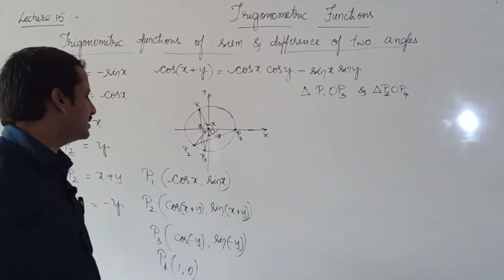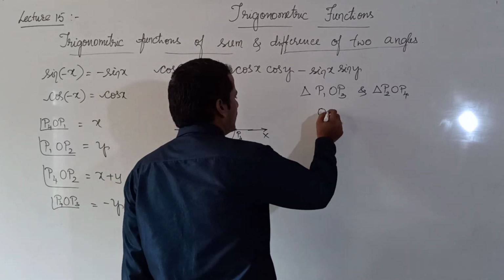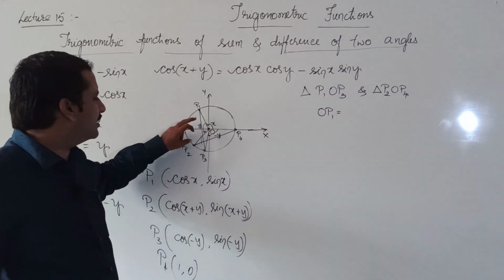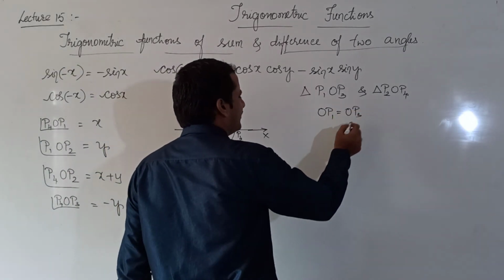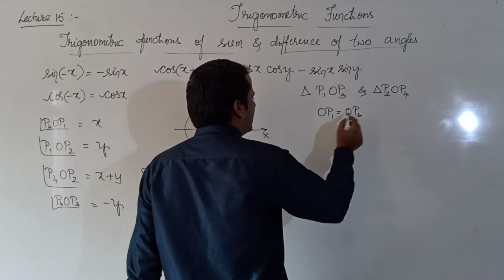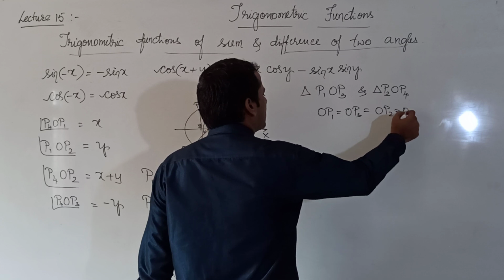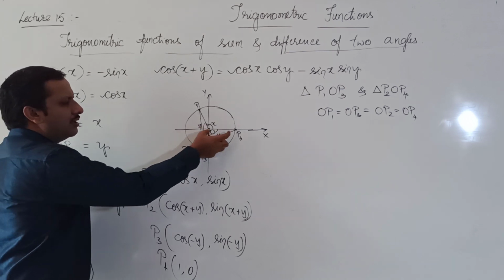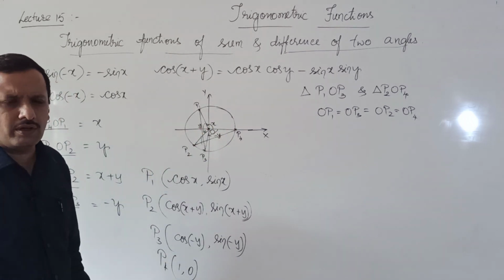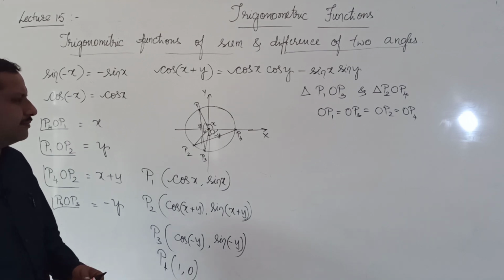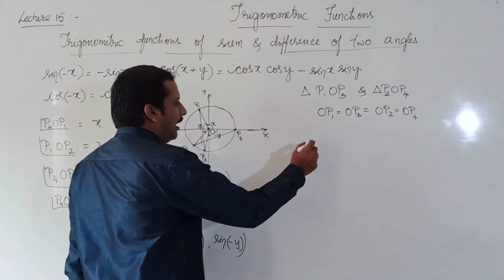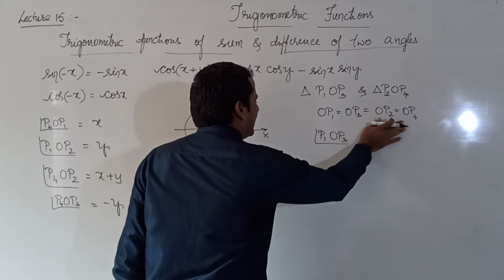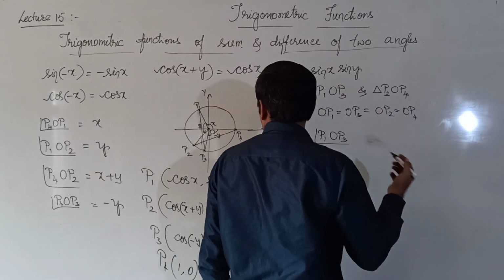For those two triangles, you observe that two of those sides are equal. OP1 is equal to OP3, that is the radius, that is equal to OP2, that is equal to OP4. So the two sides of this triangle are equal to the two sides of this triangle. Then another angle is also the same. Look at this angle P1OP3 and angle P2OP4.